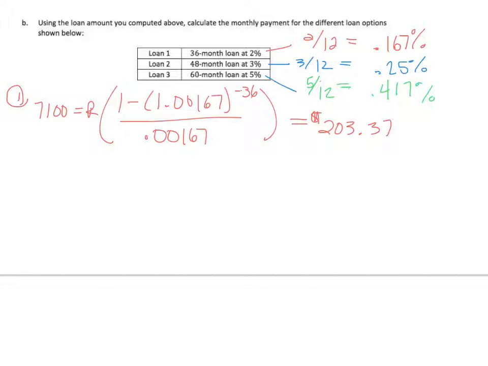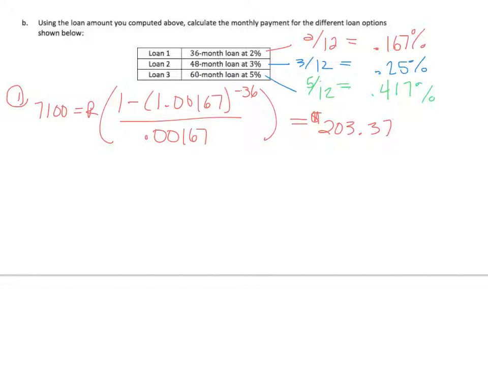So 1 minus 1 plus the interest rate to the negative n over the interest rate. So take the $7,100, divide by this monstrosity, and I got $203.37. Yep. So that is what the monthly payment is.